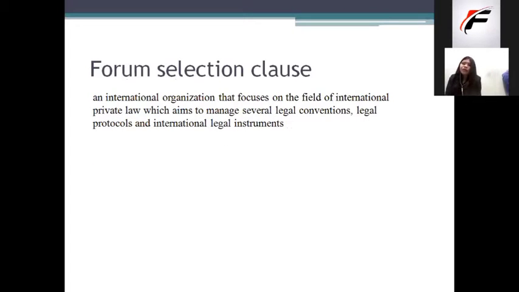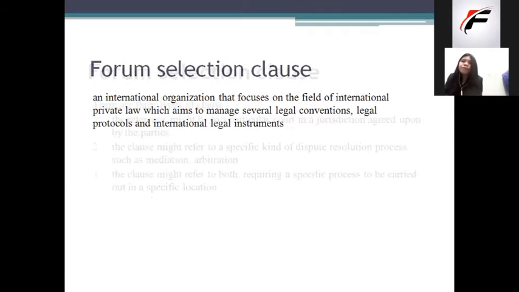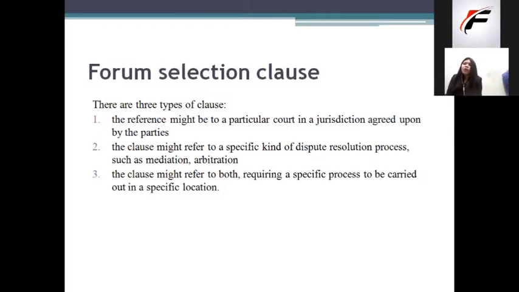And then forum selection clause. There are three types of clause. The first one is that the reference might be to a particular court in a jurisdiction agreed upon by parties.